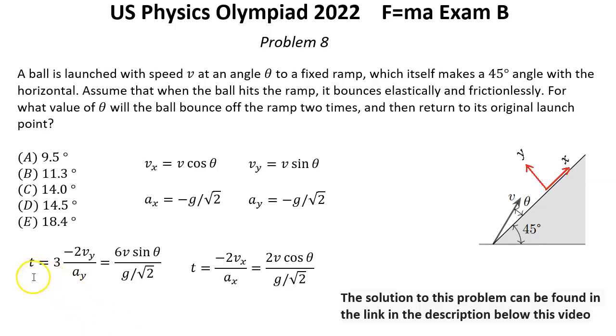Now we have to equalize these 2 times, from which we can find that tangent theta equals 1/3. It means that theta is approximately 18.4 degrees, which is answer E, and that was the solution for problem number 8.